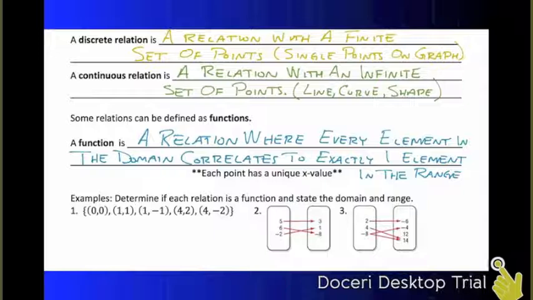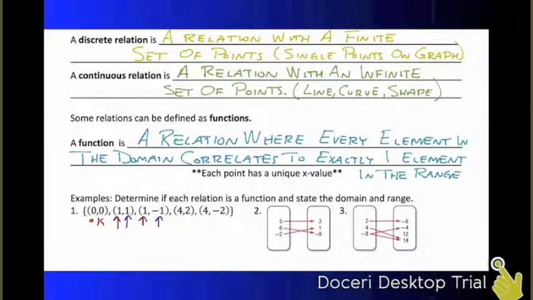So looking down at the bottom here, we want to determine if each relation here is a function, and then we want to state the domain and range. So, example 1 has the points (0, 0), (1, 1), (1, -1), (4, 2), and (4, -2). And you should be able to notice pretty quickly, well, (0, 0) is okay. It doesn't repeat anything. (1, 1) is the second point, but that 1 repeats, and it has different values attached to it.